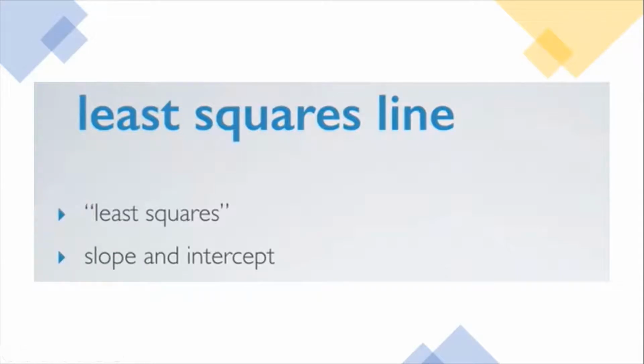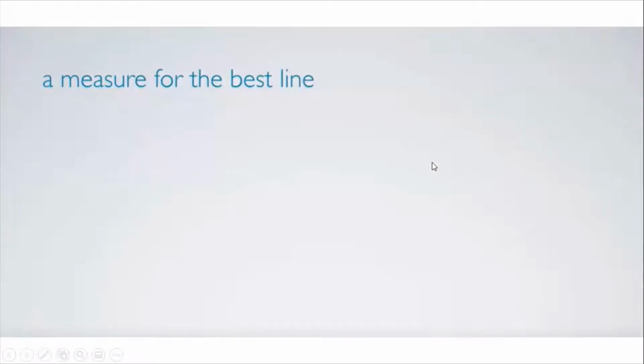And then we will talk about the least squares line, and we will explain what it means to be a least squares line. And then we will talk about how to calculate the slope and how to calculate the intercept. So, a measure for a baseline.